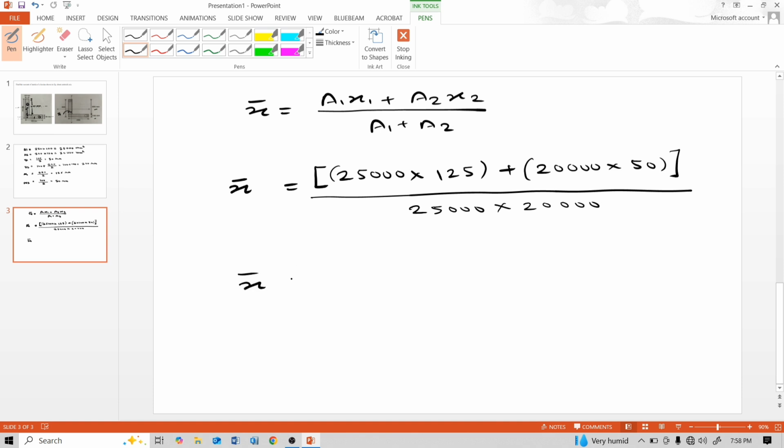So x bar is equal to 25,000 into 125 plus 20,000 into 50 upon 45,000, which is equal to 91.67 mm.